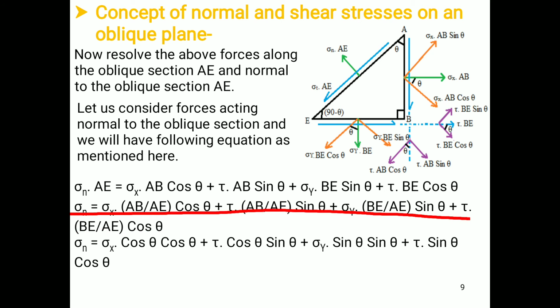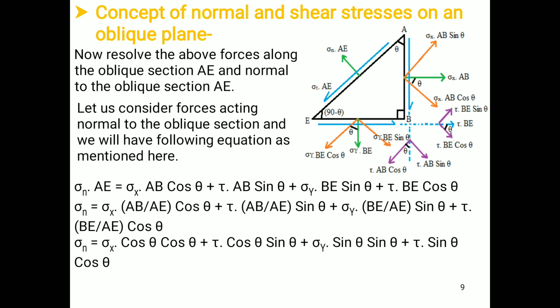Now again we will solve the given equation. So we will have sigma n is equal to sigma x cos of theta into cos of theta, because AB upon AE is nothing but the value of cos of theta, adjacent side divided by the hypotenuse.